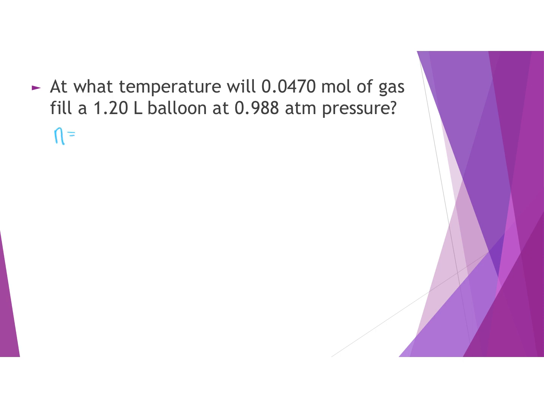So N is 0.0470. What's the next number you see? Okay, 1.20 liters, and what's a liter? Volume, so V is 1.20 liters.